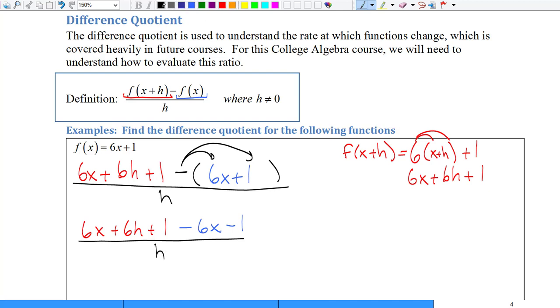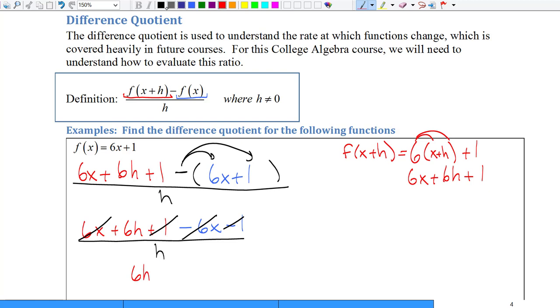Alright, so now I want to combine like terms. Well, I have 6x minus 6x, and that adds to 0. I also have 1 minus 1, and that also adds to 0. In fact, the rule of thumb here is that all of your blue terms are going to add to 0. All of the terms that you have left in the numerator should be red terms, and they should all include an h.